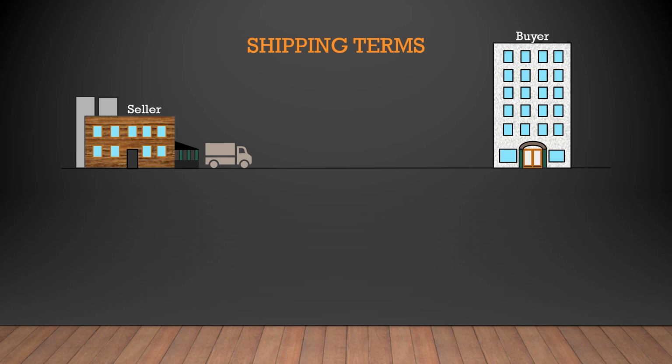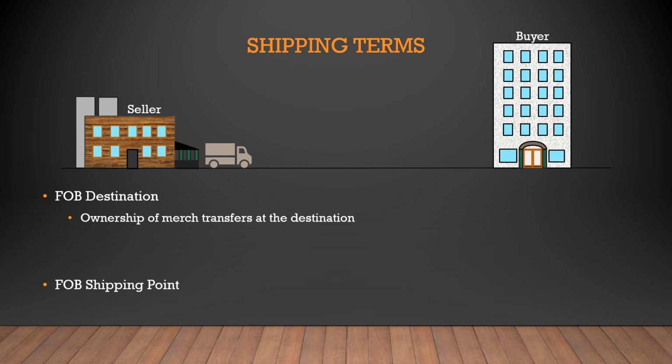Our two basic shipping terms are FOB destination and FOB shipping point. With FOB destination, the buyer doesn't legally own the merchandise until it arrives at his or her destination. Since the seller still owns the merchandise when it's loaded on the truck, the seller must pay for the delivery.